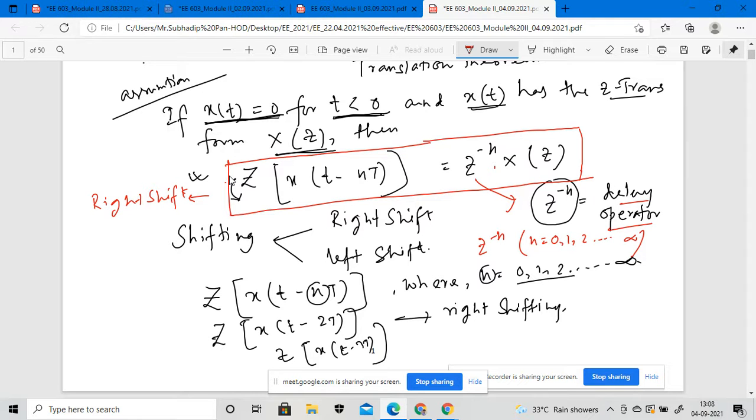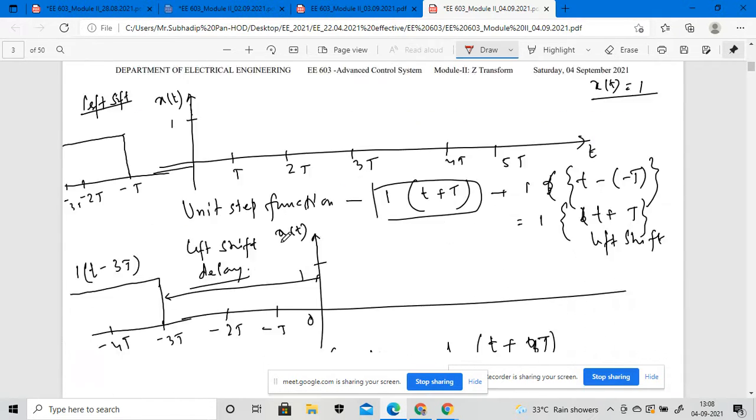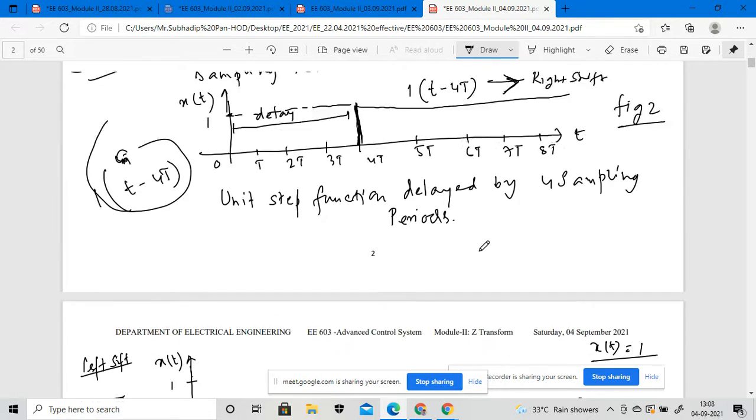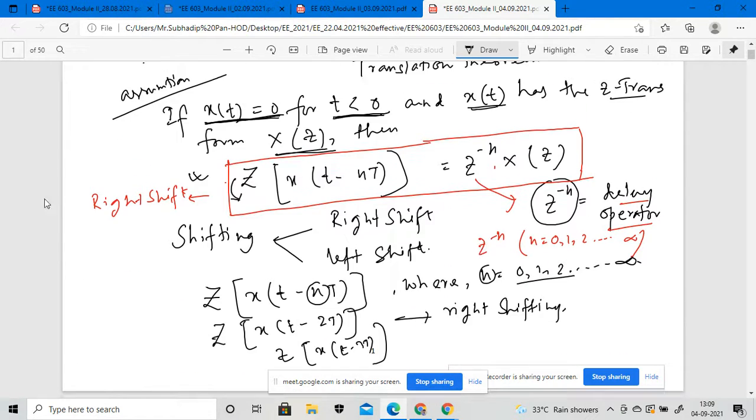Okay, but in case of a left shift, what will we do? It is a time advance. That means if I consider the right shifting, there must be a time delay. But if I consider the left shifting, it should be considered as a time advance. We are considering the positive functions, so it should be considered as a time advance in case of a left shifting.